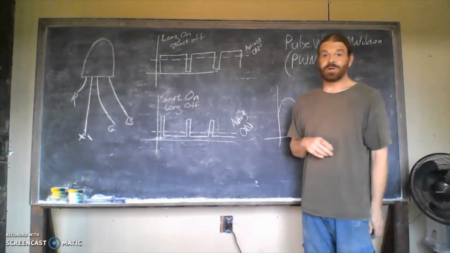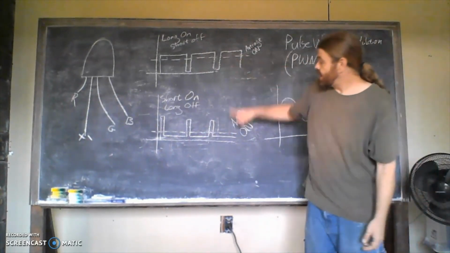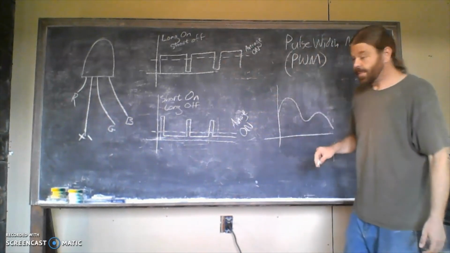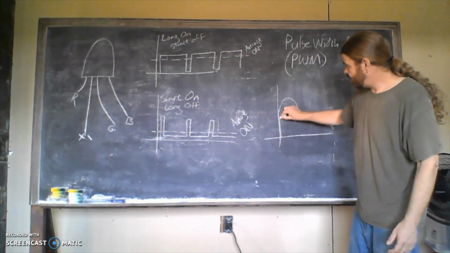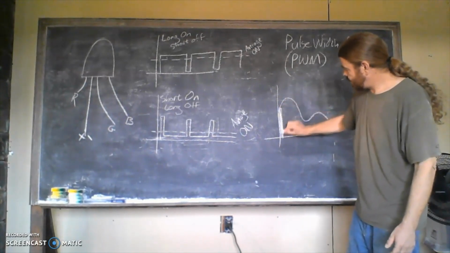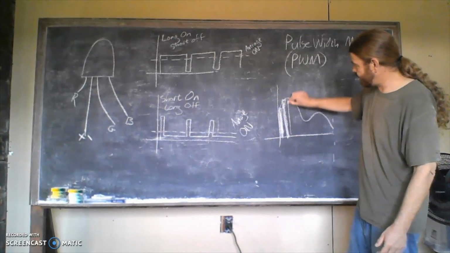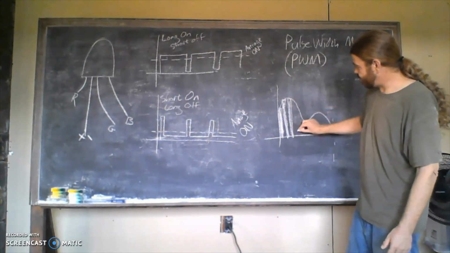But in the computer world, we only have discrete values. We can use PWM and use those average on time signals to kind of simulate the analog wave.